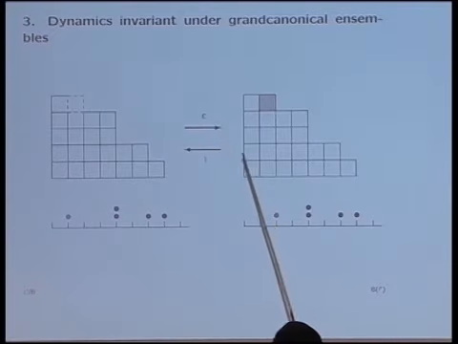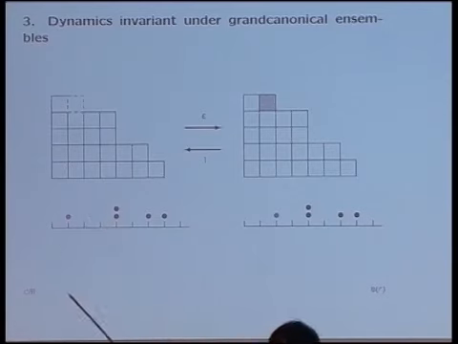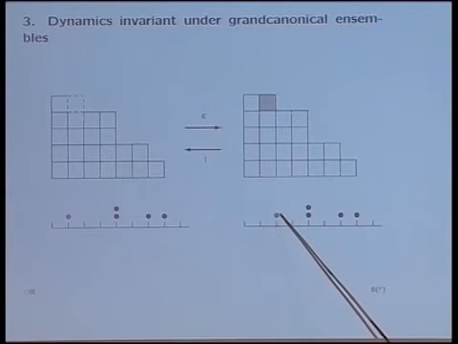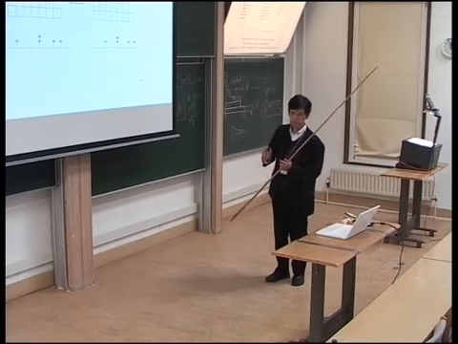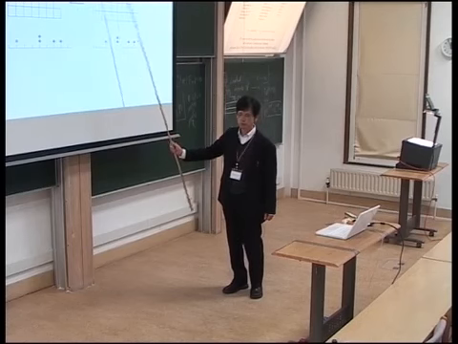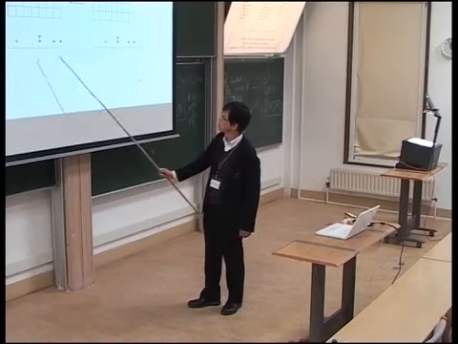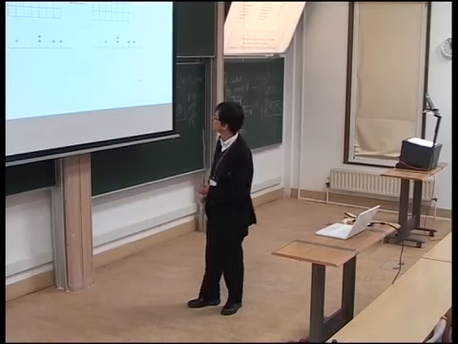And under elimination, this particle jumps to the left with rate 1. So in this sense, for the particle system, the jump rate is weakly asymmetric because epsilon is almost 1, but not equal to 1. In this sense, this is a weakly asymmetric zero range process.